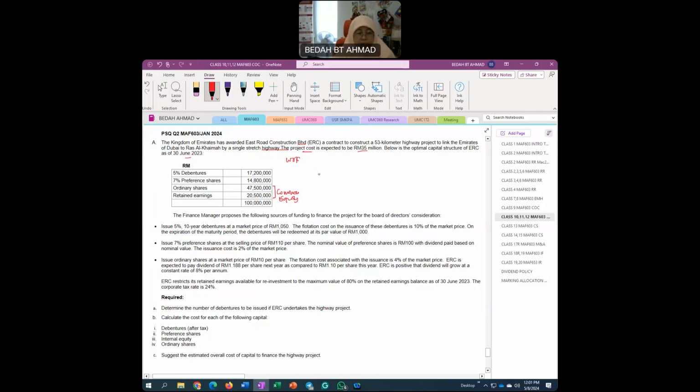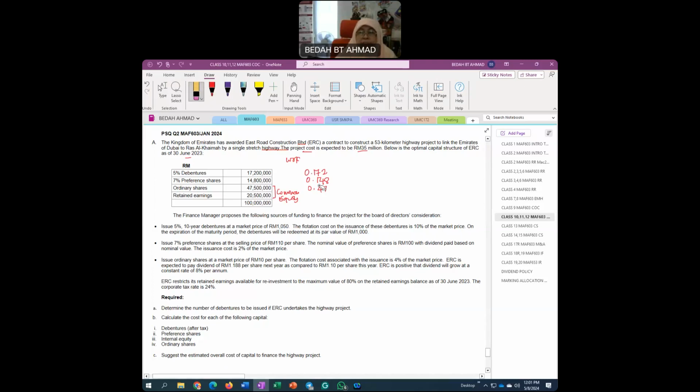Right, so 17.2 million divided by 100 million. That will be your weight of financing for the debentures. So 0.172. Here, divided by 100, is 0.148. Here is 0.475.